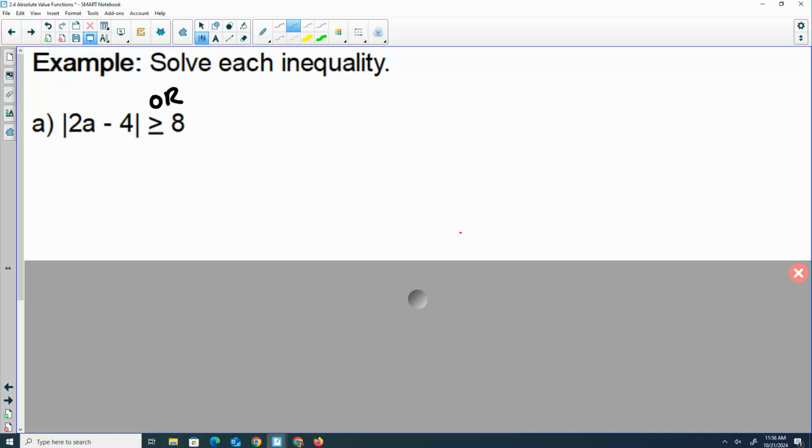So when we do an or, we make two separate inequalities. The first one, we just drop the absolute value. Or you drop the absolute value, but then for the negative, you flip your sign and make it a negative. So flip the inequality, make it a negative. Does everyone understand this step right here? You know why I wrote out two separate pieces and how I got both of those.